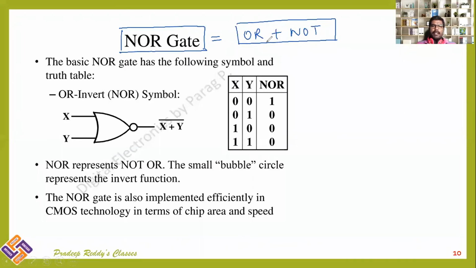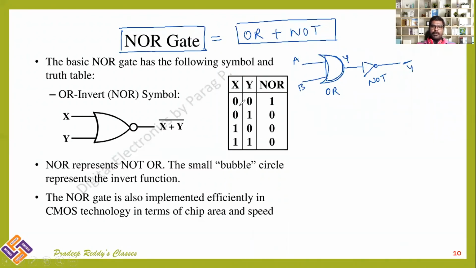So NOR gate acts as OR gate plus NOT gate. That means this is OR gate and you are connecting it to a NOT gate, and you can provide input A and B. Okay, and here will be the Y, and here will be Y complement.